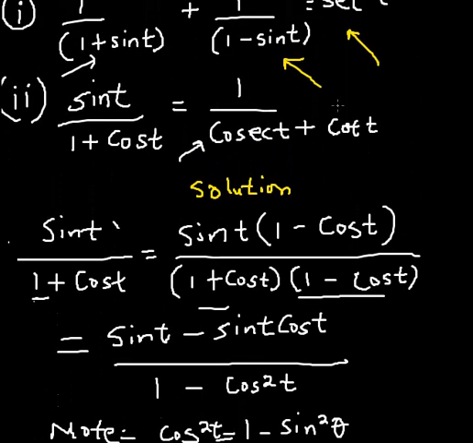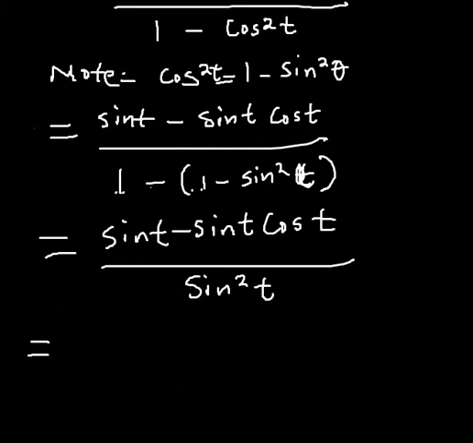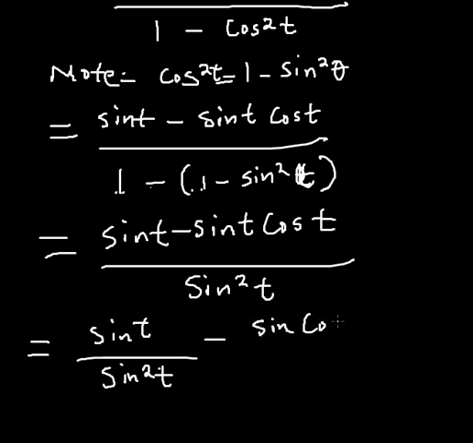Let me get to know what I'm actually looking for, right? I'm going to separate the fraction. It's going to be sine t all over sine square t minus sine t cos t all over sine square t.